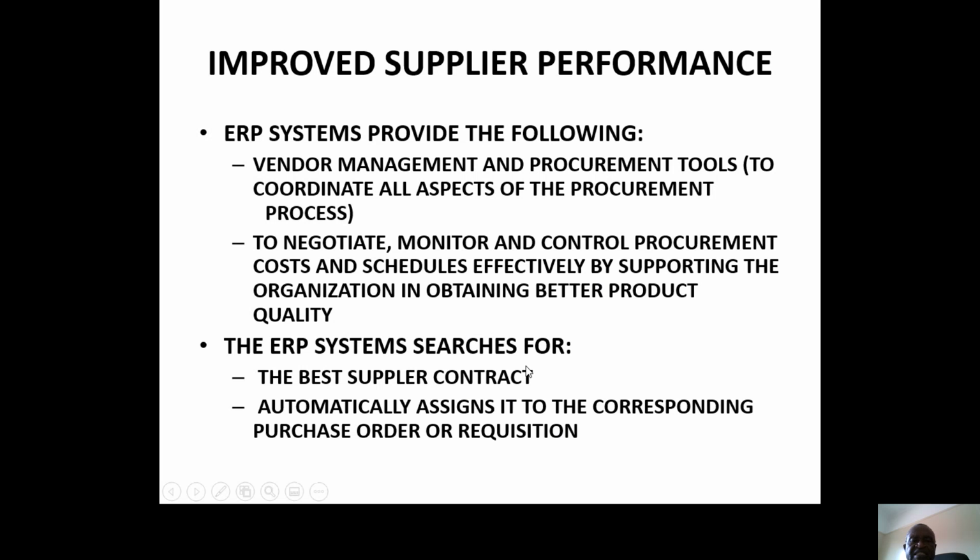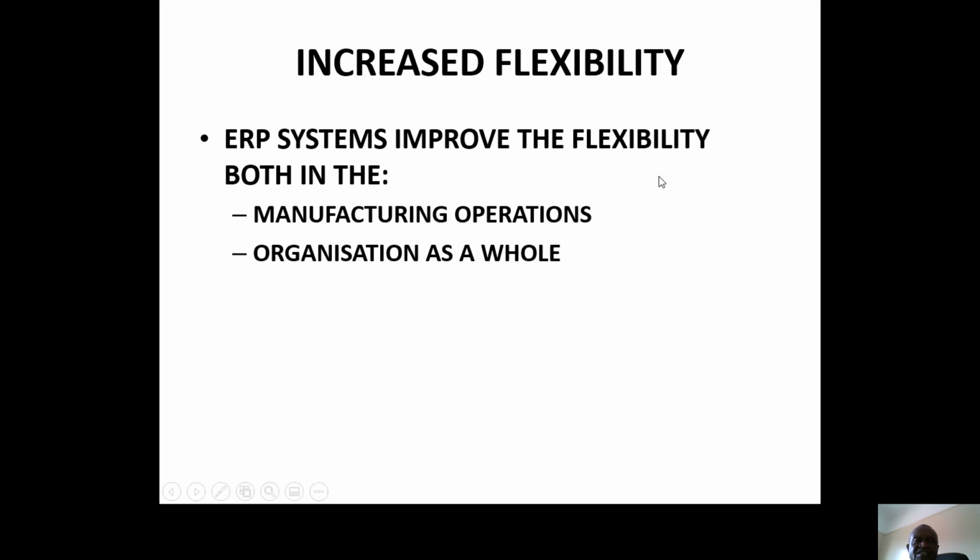It also searches for the best supply contract, automatically assigns it and the corresponding purchase order and requisition. E-payment is also part of it. So it's a very interesting system and it has got all these benefits. Increased flexibility: manufacturing operations and the organization as a whole will improve.